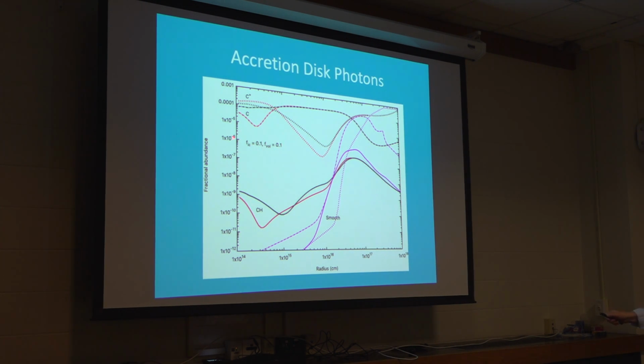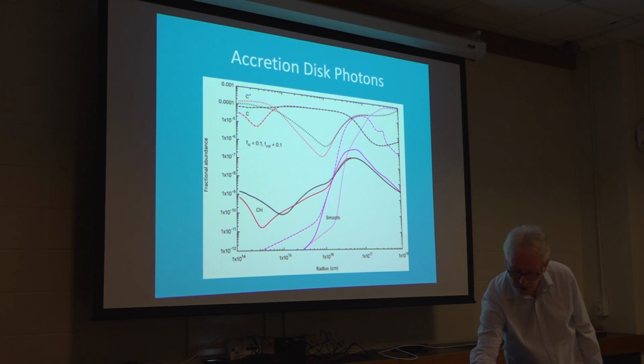It's very sensitive to parameters, but if you make the material mostly interclump material, and you pack the clumps into small volumes, then you get lots of photons which, in this case, destroy acetylene and HCN, which are abundant molecules close to the star, and convert them into C+ and carbon.